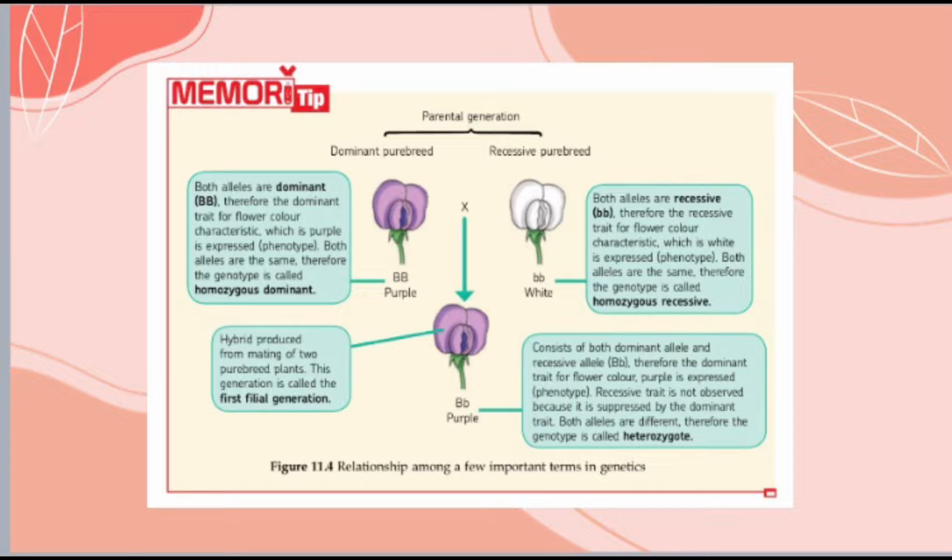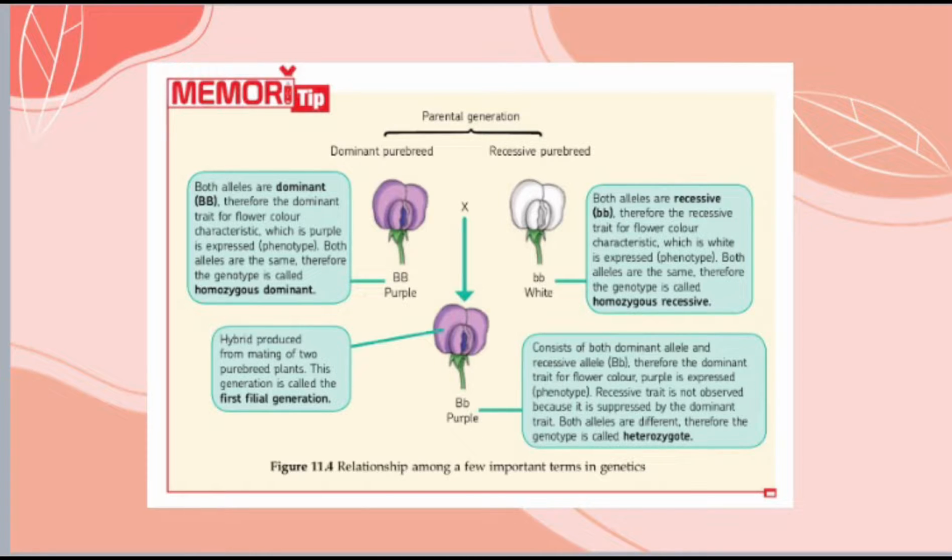Why is it called homozygous dominant? Homozygous, because it is the same. As you can see, it has the allele of capital letter B and capital letter B. So if it is a capital letter, then it will always be dominant.